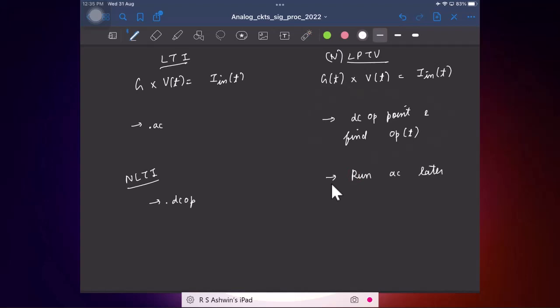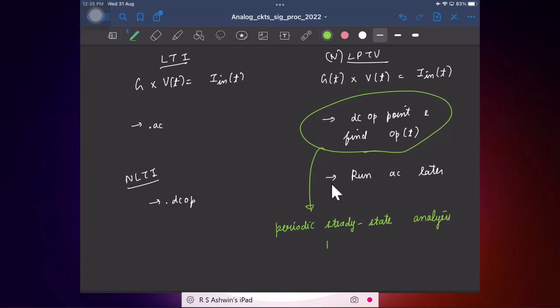Okay. And this task of finding the periodically time varying operating point is done using analysis called periodic steady state analysis, or PSS. Okay.